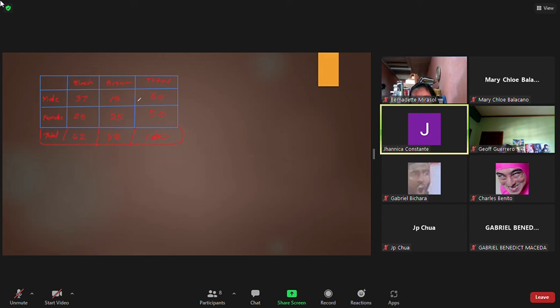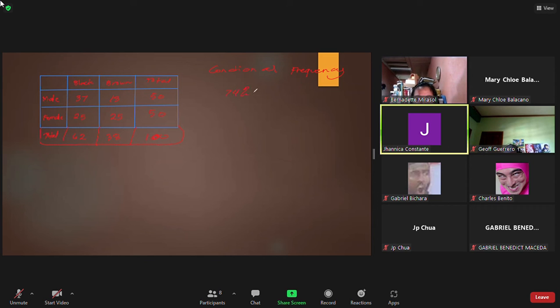So if we're going to make a conditional frequency table, we're just going to divide the cell number by the row total. So 37 divided by 50 in percentage, we will be having 74%.